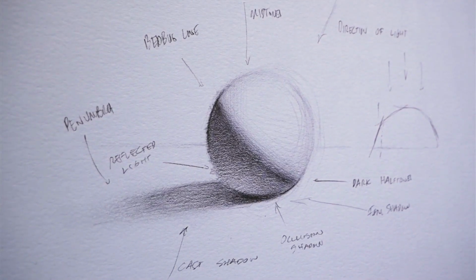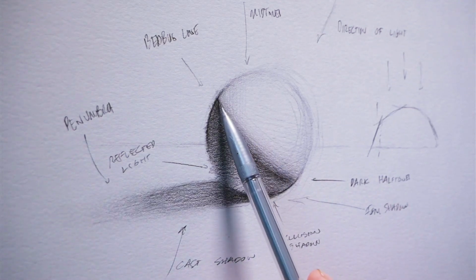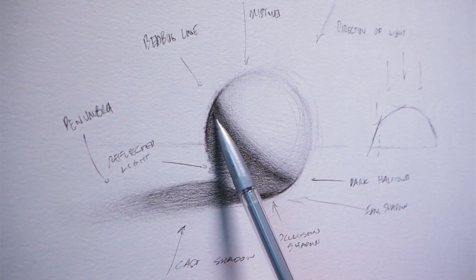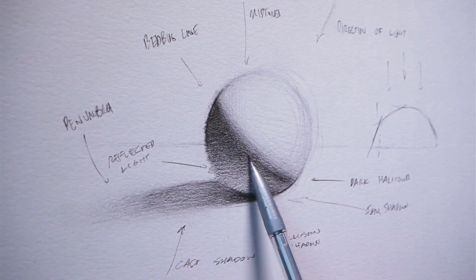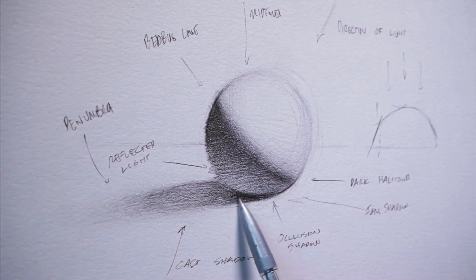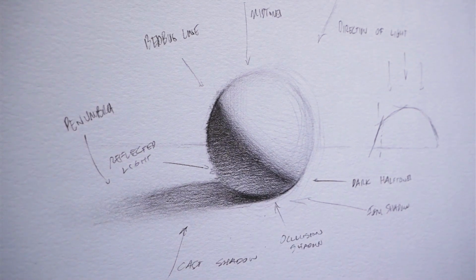Yeah, so that's our demonstration for this week. As I say, it's a little bit of a standalone, but hopefully useful for all the other lessons that we've got up here. It's always good to have these principles in your mind when you're drawing anything, really.